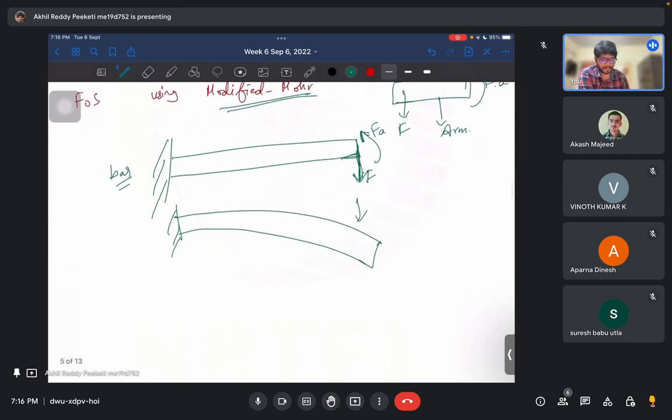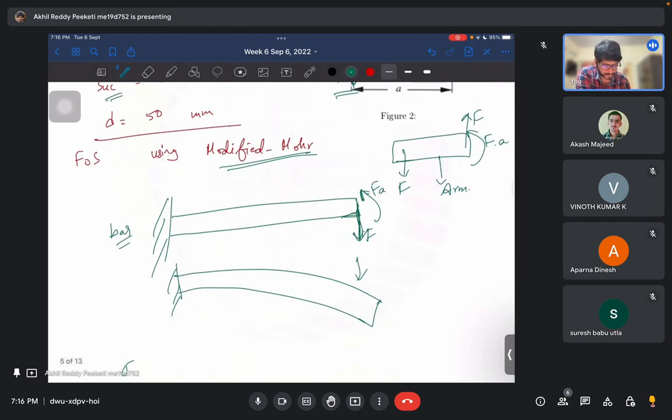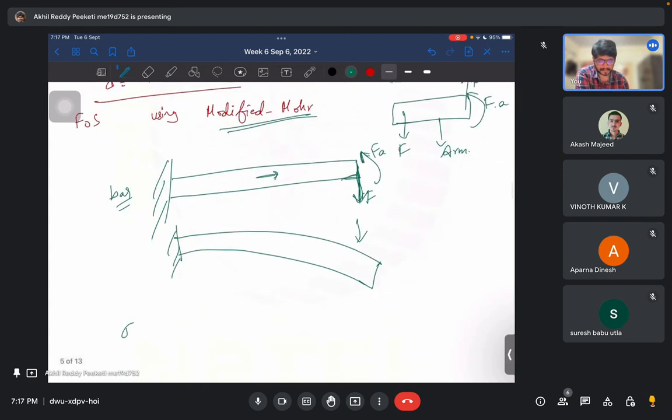There would be a bending stress along the axial direction, along the axis.